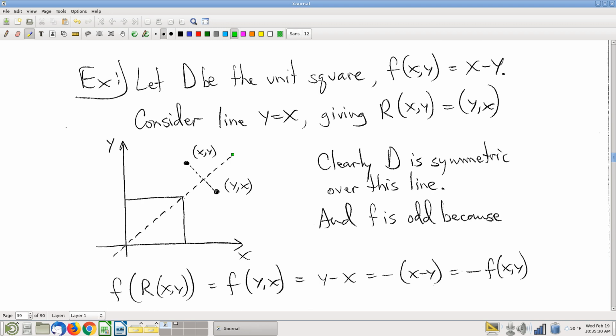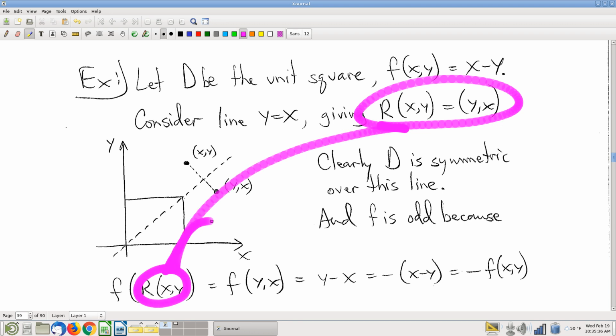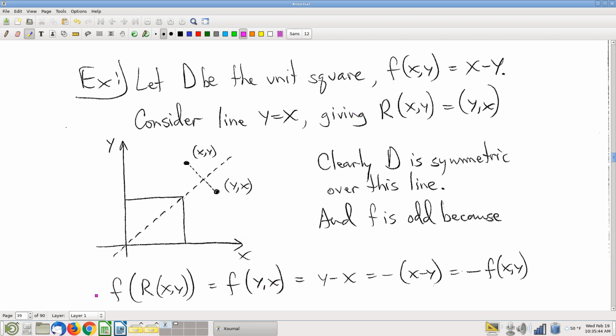So here's my reflection. Reflection of x comma y is y comma x. Plug that right into there. Right? Now I need to compute f of this thing. Now be careful at this point. A lot of students get a little too attached to the alphabet and don't pay attention to the purpose that the variables are serving here.